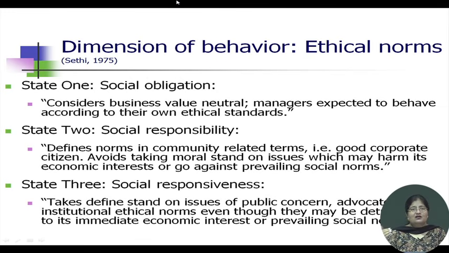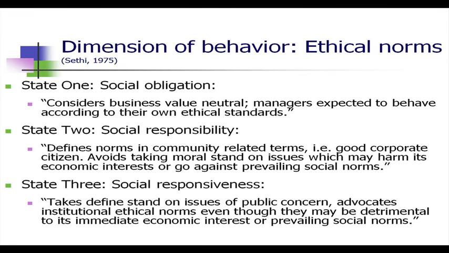State 3 is social responsiveness. We want to be seen as an ethical organization, as an organization that follows ethical norms. So, what do we do? We take a definite stand on issues of public concern, and advocate institutional ethical norms even though they may be detrimental to our immediate economic interest or prevailing social norms.